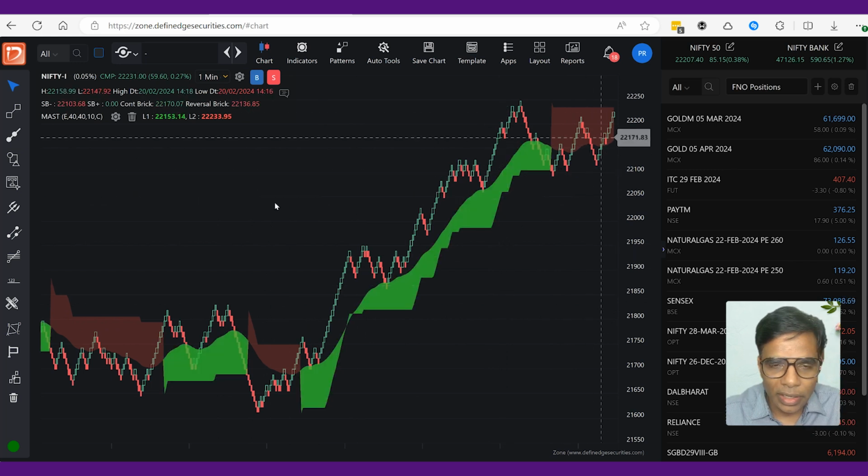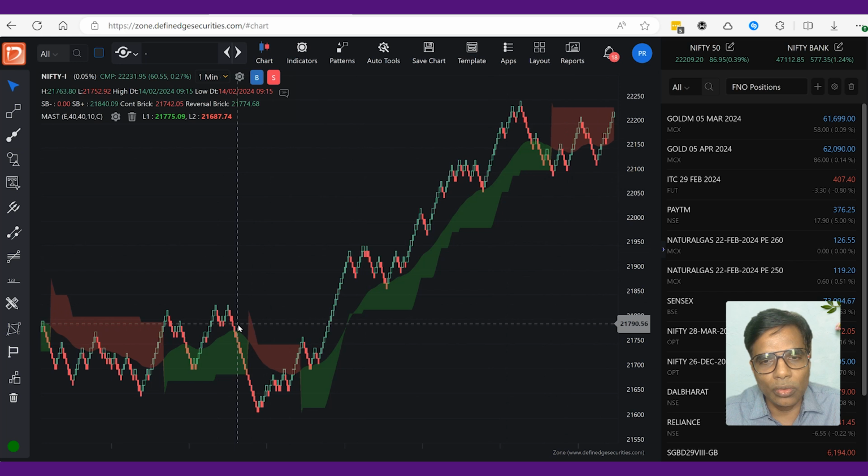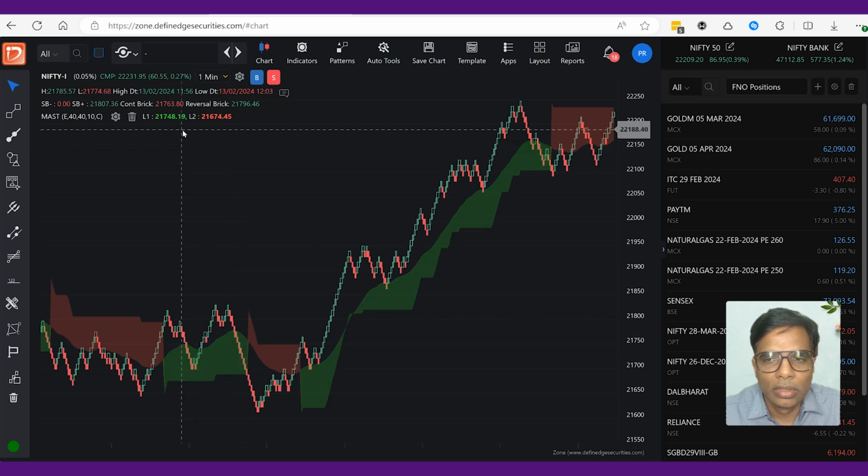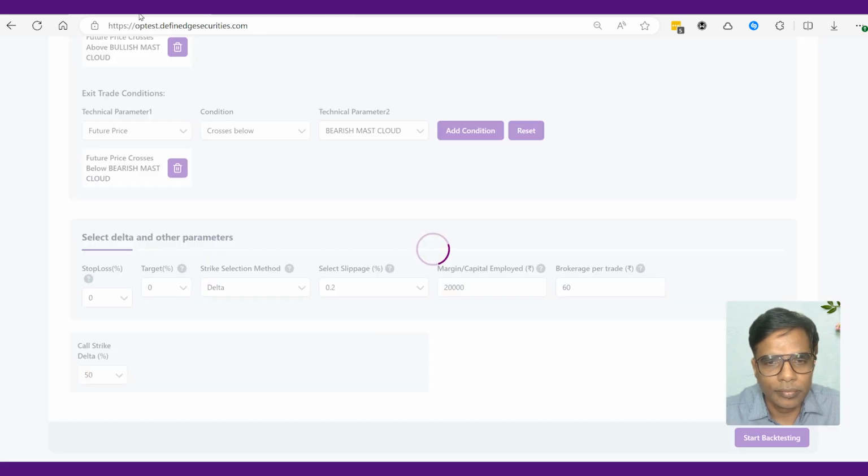These are the criteria based on which we are going to enter multiple trades in different expiries and see how this system works. Now it will take some time, as I said.